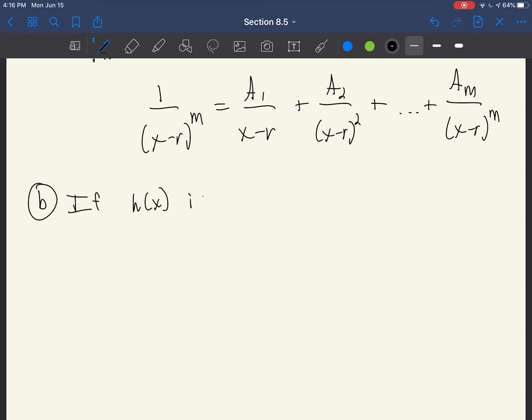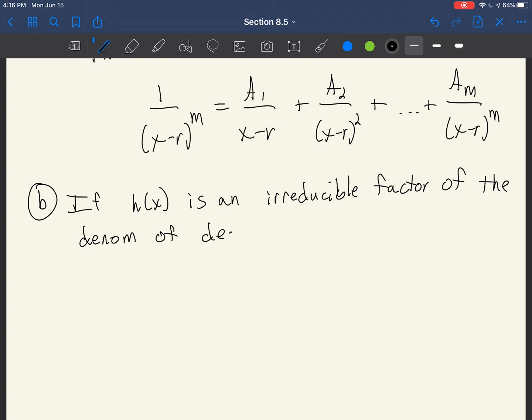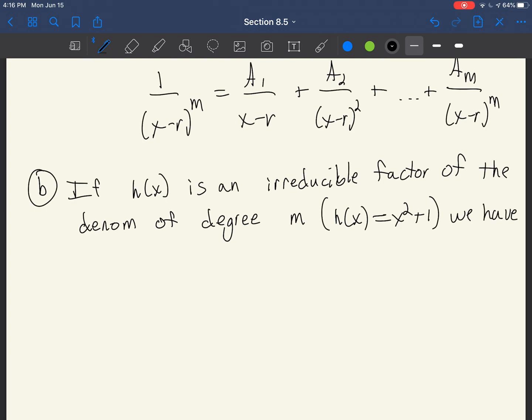And b, if h of x is an irreducible factor of the denominator, of degree m. So you can think h of x equals x squared plus 1 from the previous example.